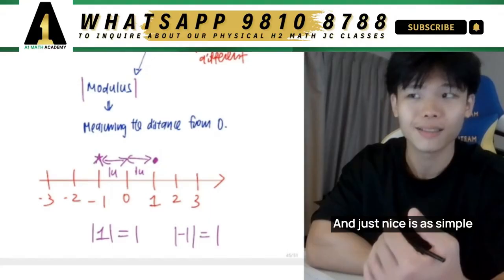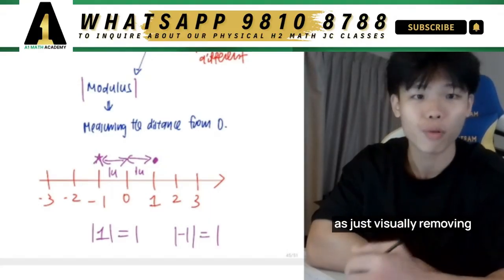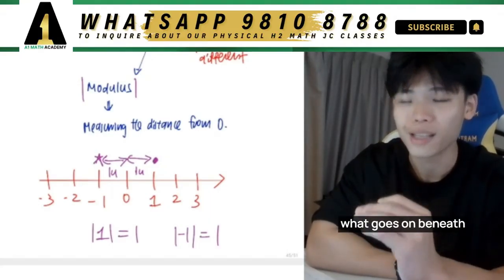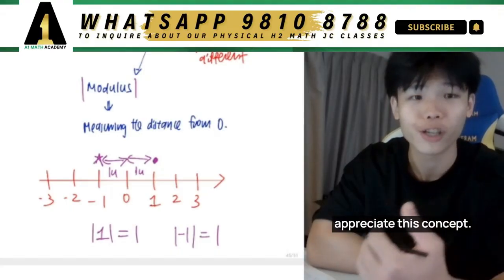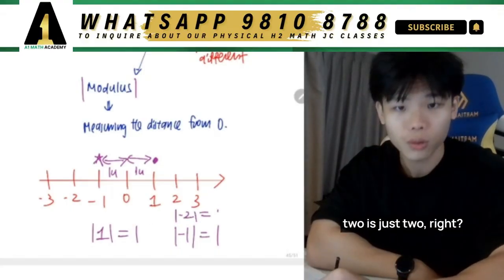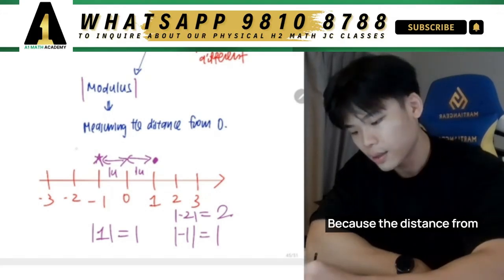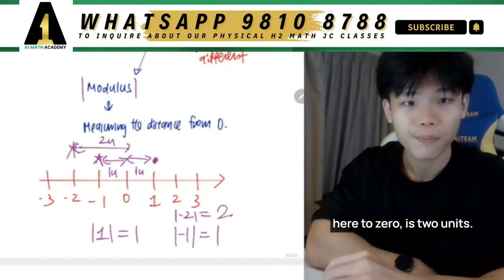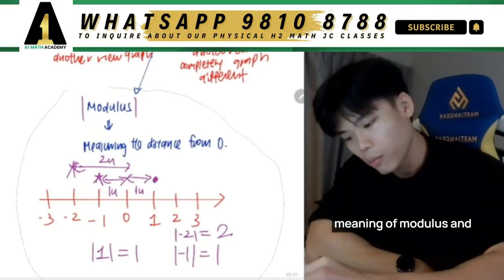And it just so happens to be as simple as visually removing the negative sign. But you need to know what goes on beneath the hood to really appreciate this concept. That's why when we say modulus -2 is just 2, it's because the distance from here to 0 is 2 units. So that is the whole meaning of modulus.